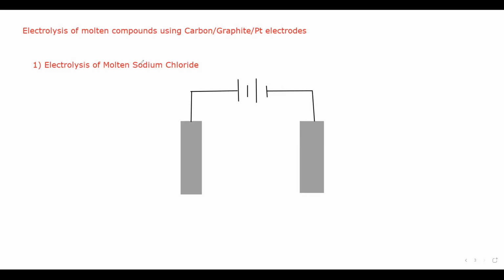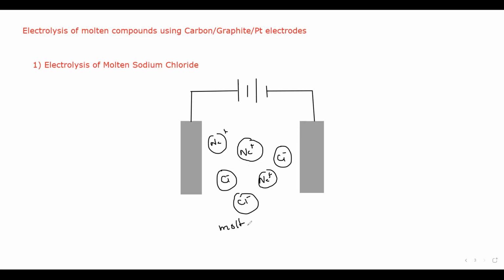Because it is molten, what are the ions for sodium chloride? Sodium chloride contains sodium ions and chloride ions. These are the ions present in molten sodium chloride.